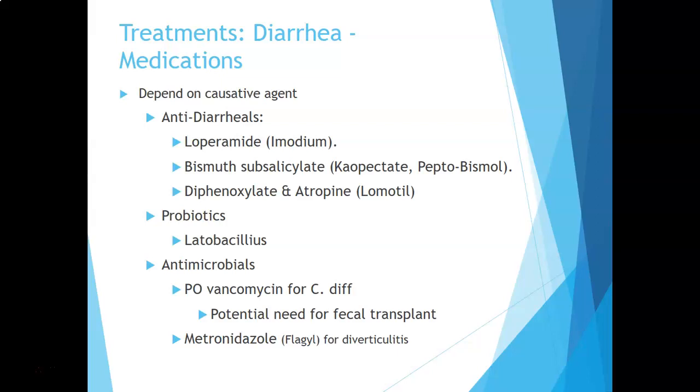They help to bind water, coat mucosa, and absorb toxins. So for our purposes, we're talking about Imodium, Kaopectate, Pepto-Bismol, Lomotil. I'm saying those ones because I can't pronounce the generic names. So they are both on there.